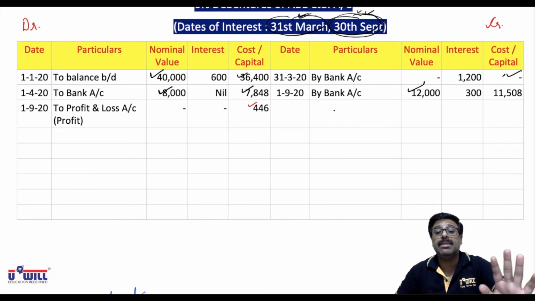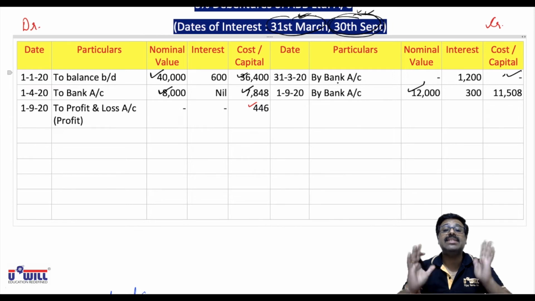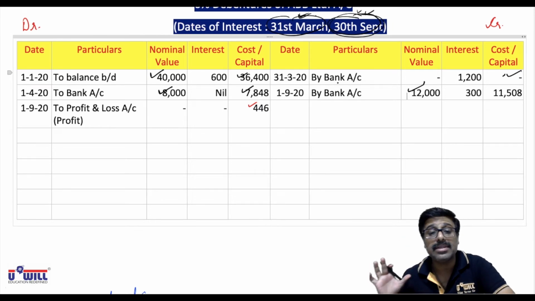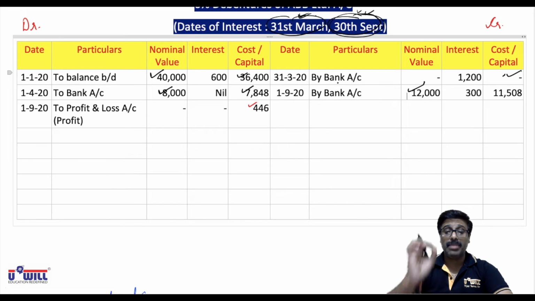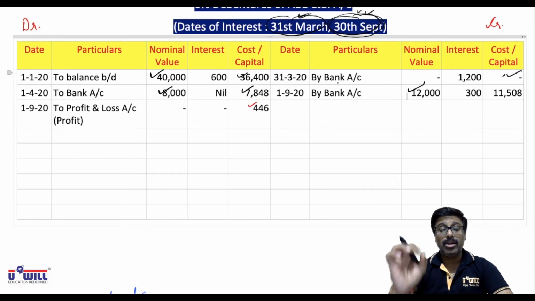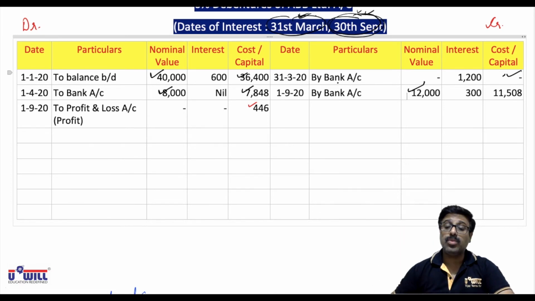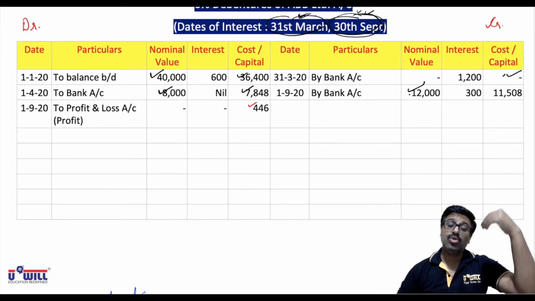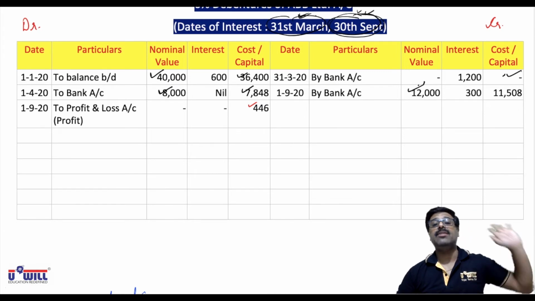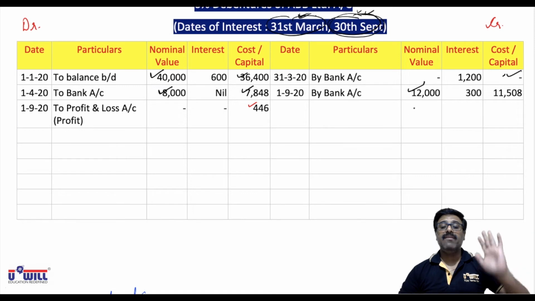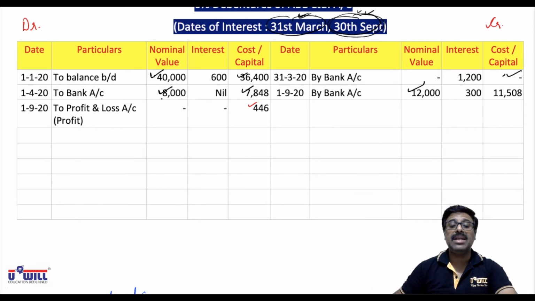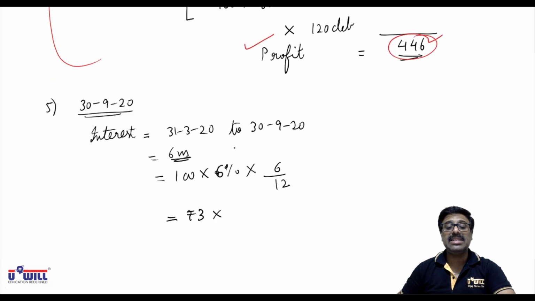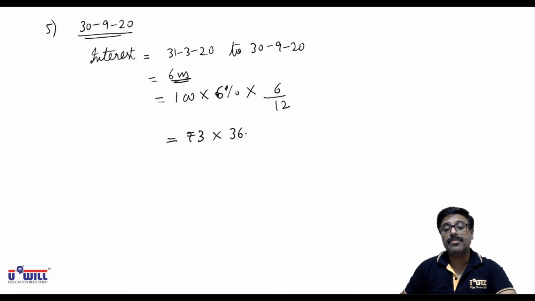So on 30th September, we are left with only 360 debentures on which we would get interest. Company would pay the interest on the due date to the respective debenture holder. So this 120 debenture holder, whosoever has purchased from us, will get the interest on 30th September.